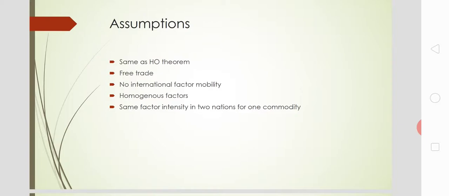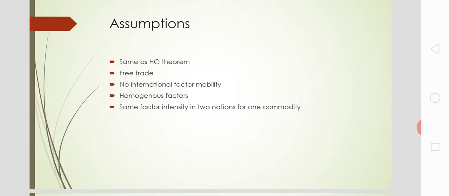So there is no international factor mobility, and all factors are homogeneous in both nations. That means the capital will be homogeneous in capital abundant nation and labor abundant nation. Labor will be homogeneous in labor abundant nation as well as in capital abundant nation. So there will not be any heterogeneity. There will be homogeneity of factors in terms of productivity, and there will be same factor intensity in both nations for same commodity.